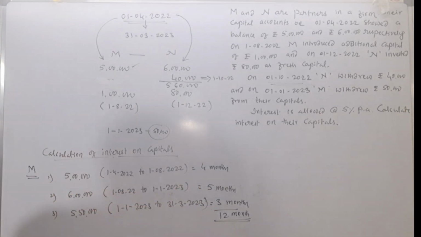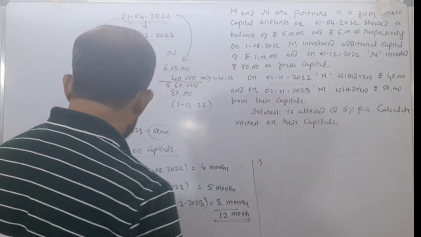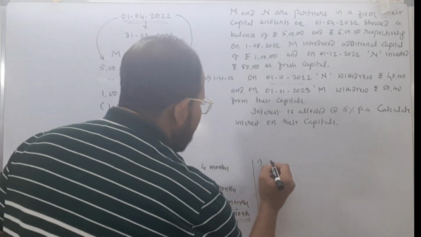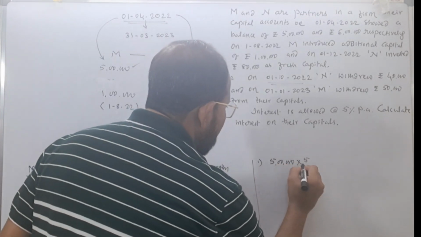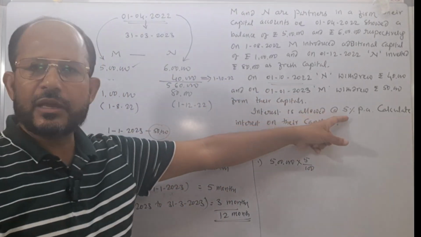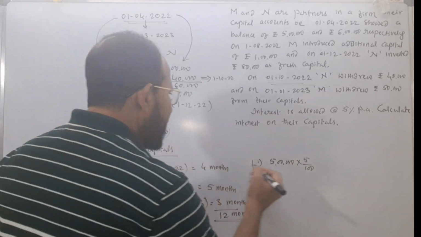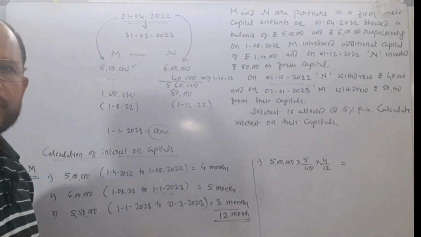Now you calculate interest. Very simple thing. Here how do you calculate? First case I am going to take. First case, 5 lakh into what is the rate of interest agreed upon by the partners? 5% is there. Okay, 5%. For how many months we calculate? For 4 months. You calculate this one. 4 by 12.